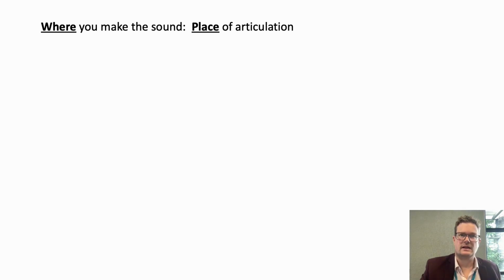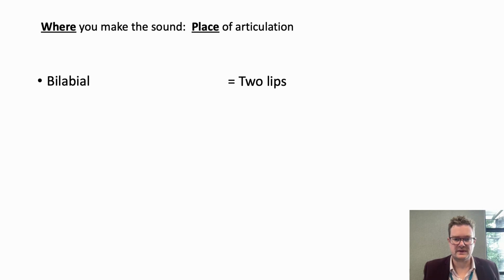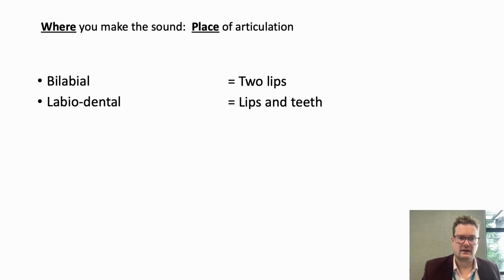Now, when we talk about those locations, the technical term you'd use is place of articulation, where you make the sound. So starting at the front, bilabial, which means two lips, like m and b and p, or a labiodental consonant, which uses your lips and your teeth, like f or v. Then interdental, which means between your teeth, like th, like that or there or thin, those sounds between your teeth.